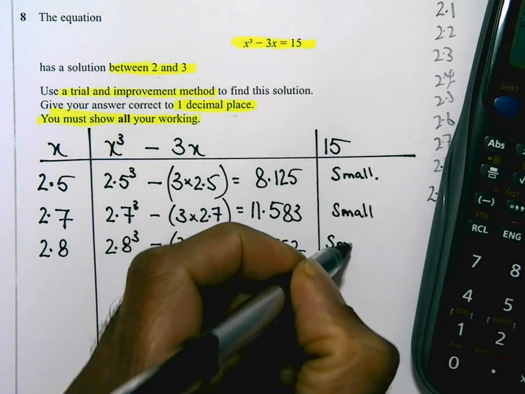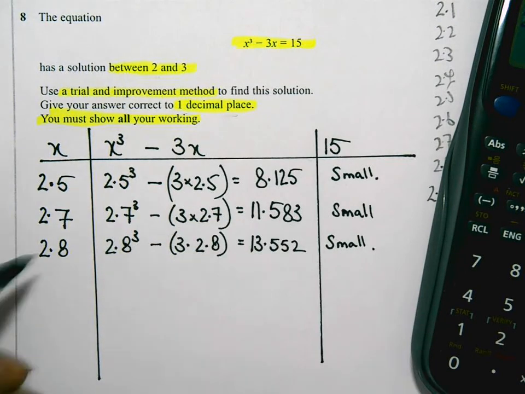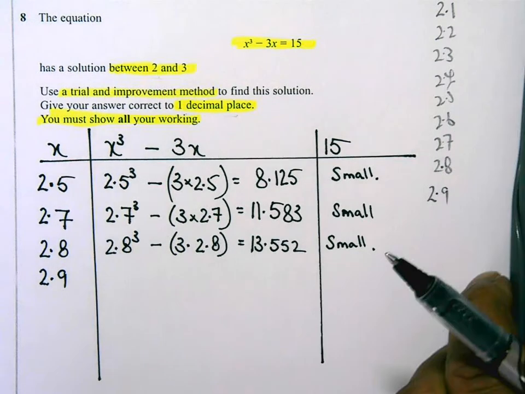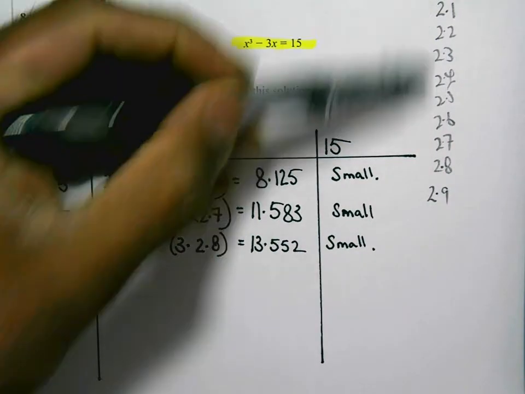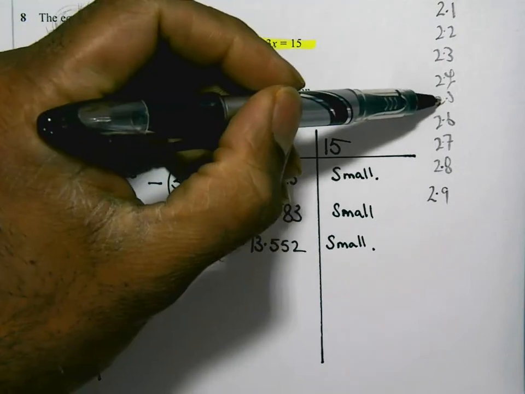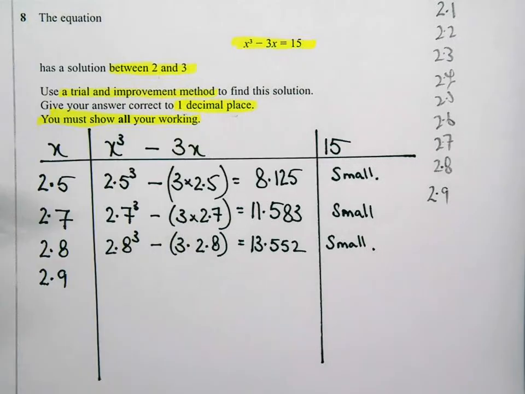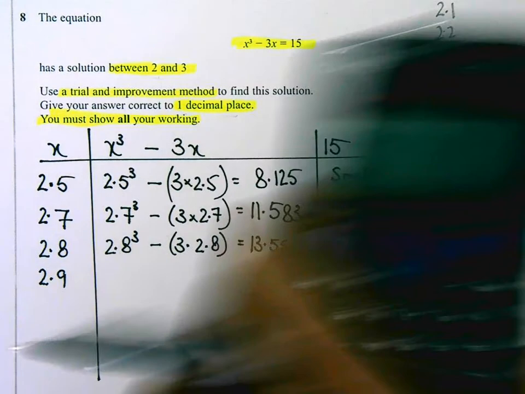So I'm going to try 2.9 now. If you look at the list of possible numbers that I could try, I started off from 2.5, and then went further and further on. And this is the last possible number I could try, right? So let's see what this could be.